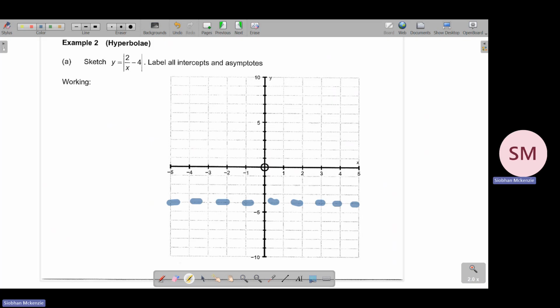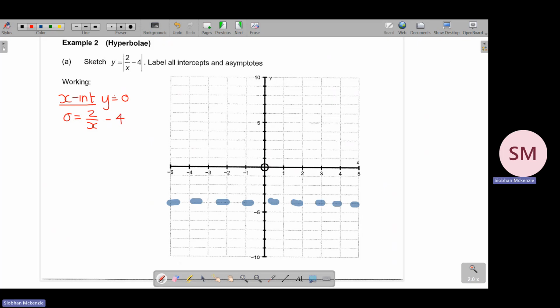So first, we know we're going to have some sort of x-intercept because the graph is shifted up or down. So let's first find that x-intercept of this graph. To find the x-intercept, I have to make y 0. So I've got 0 is equal to 2 over x minus 4.